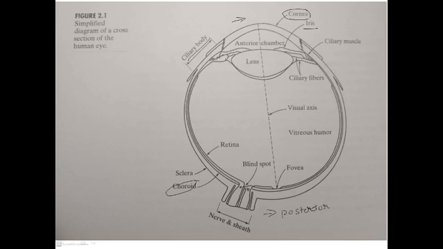The lens contains about 60 to 70% water and 6% fat, and more protein than any other tissue in the eye.